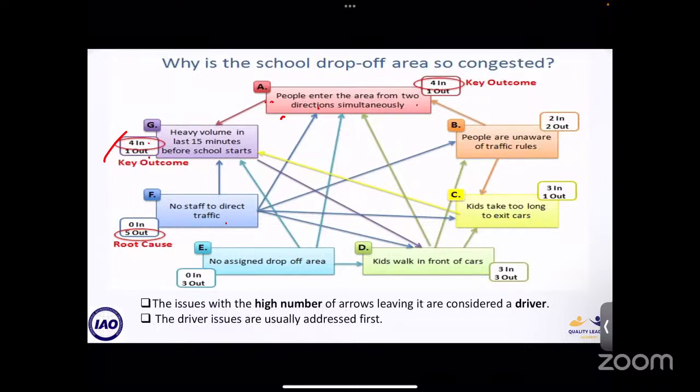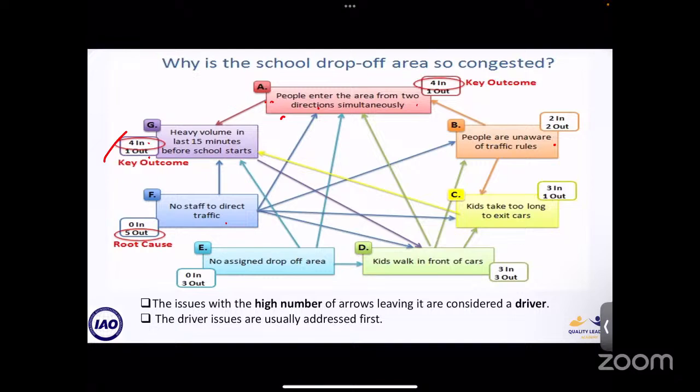We have the kids walk in front of cars. Going outward. So we have people entering the area from two directions simultaneously, and people are unaware of the traffic rules, and kids take too long to exit cars. What else? Kids walk in front of cars.